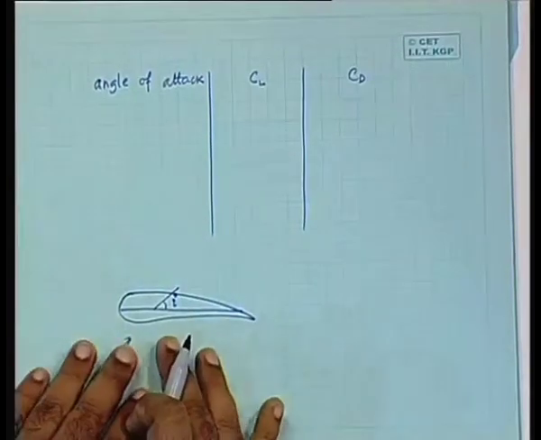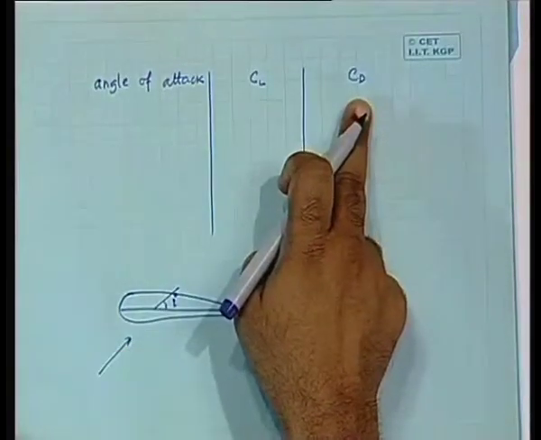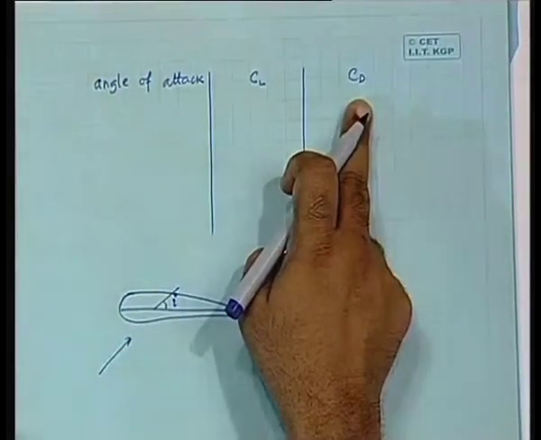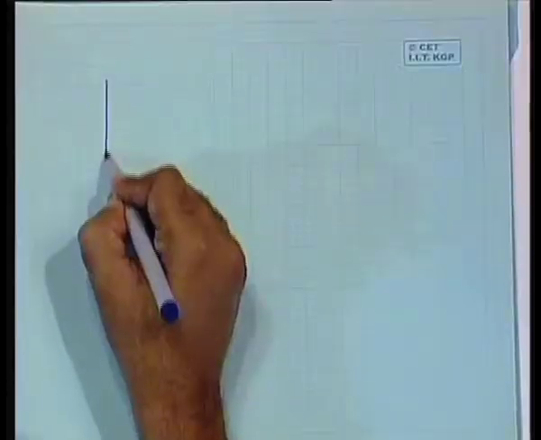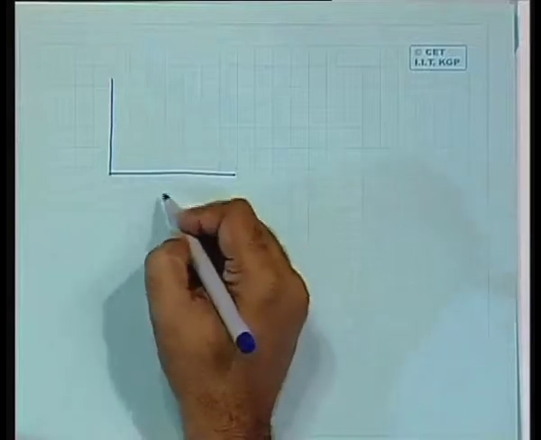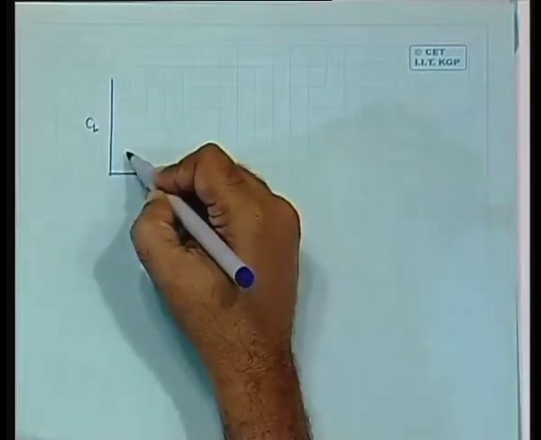So for every angle of attack, you have the CL and CD listed. They have calculated and found these, and they have made it available on the net. If you draw the graph, small i versus CL will have some kind of characteristic.